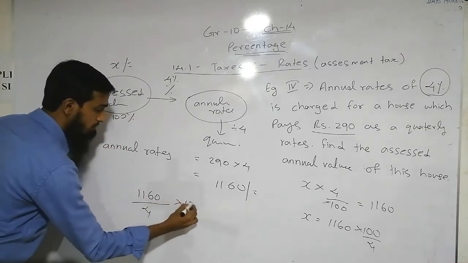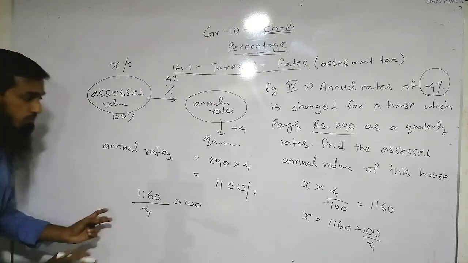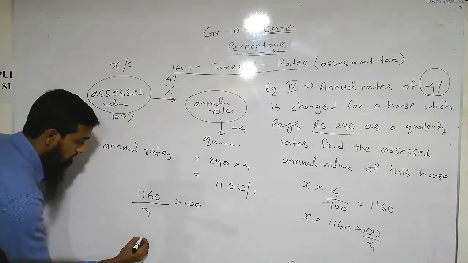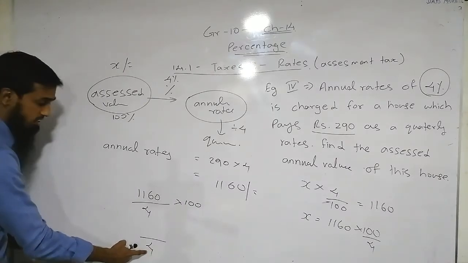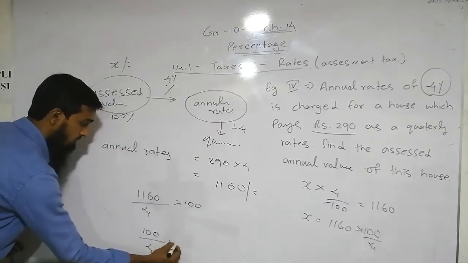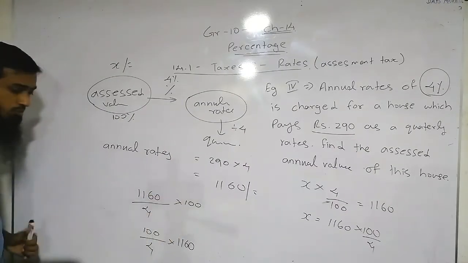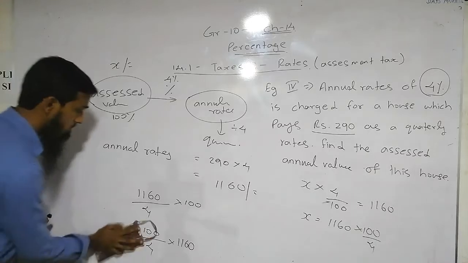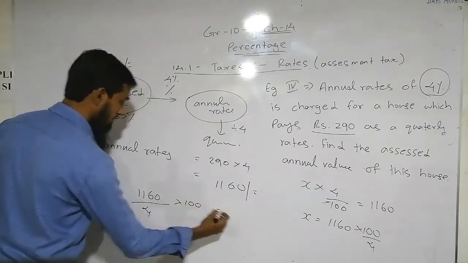So what is the 100%? If 4% is claimed as the tax, 100 is the full. So what about 1160? Or you can use this formula. Use this proportion, and you can find the assessed value.